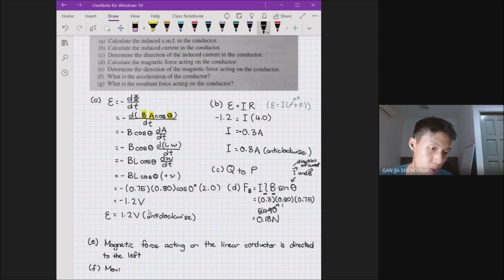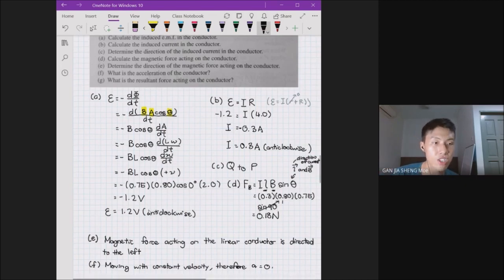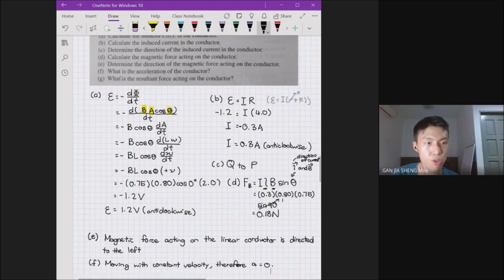So you can say it is moving with constant velocity. Therefore, acceleration is equal to 0. And now you know acceleration is equal to 0, G is just very straightforward.